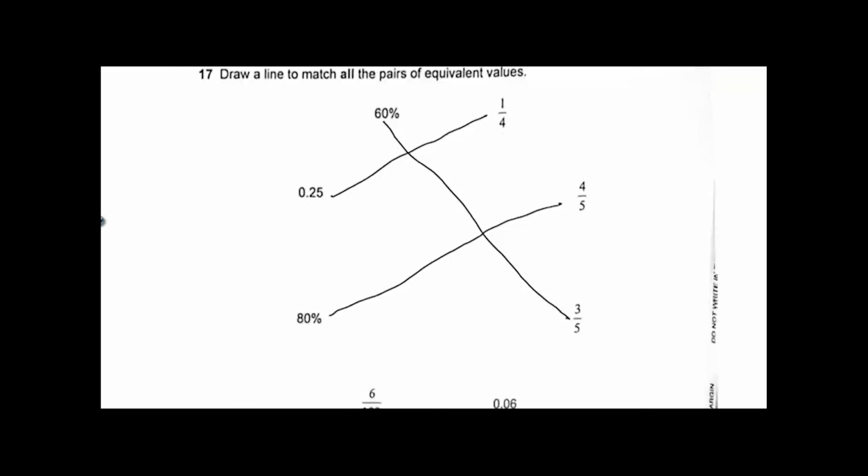So since calculator is allowed, you can do that on time. So match them together. So the next one is 0.25, is the same thing as 1 over 4. The next one is 80%, is the same thing as 4 out of 5. Okay, and I think we have one more. Yeah, 6 over 100, and it is the same as this.